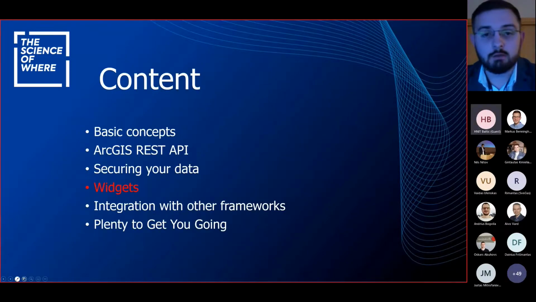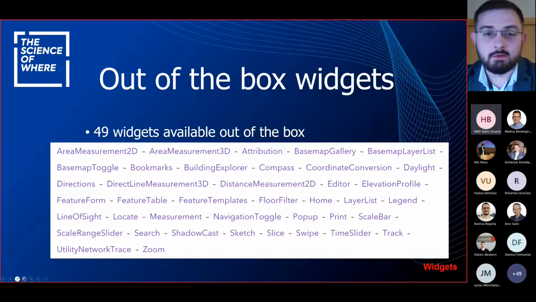Next topic in line is widgets. Widgets are reusable user interface components and are key to providing users with a rich user experience. The API contains 49 widgets available out of the box. Of course, some of them are support widgets, but they can still be used if you are creating your own custom widget.